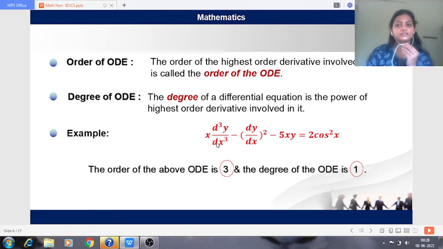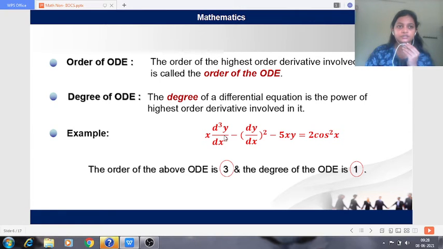So this is obviously an ordinary differential equation. Now we see what is the order of this ordinary differential equation. Here the highest order derivative is 3.